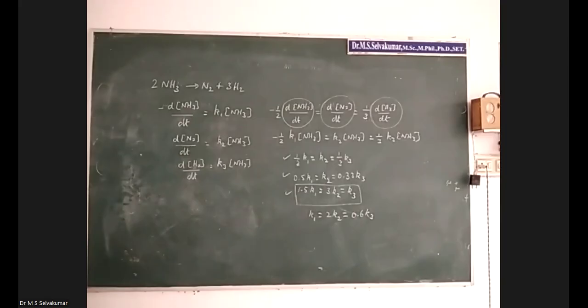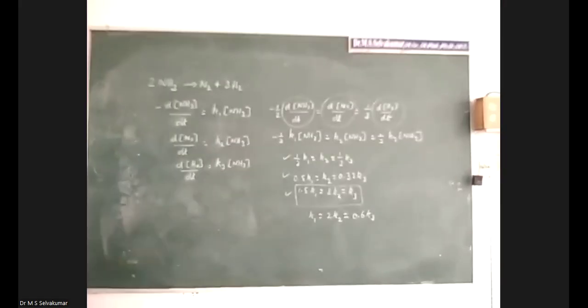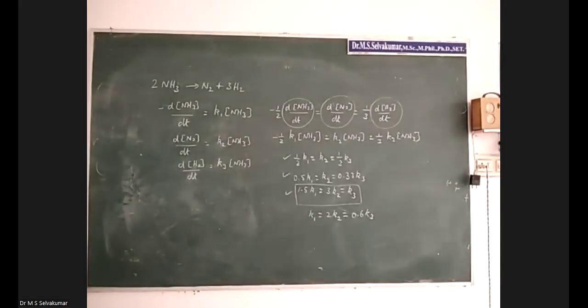Answer can be in any form. Question may be asked in any form. What is the relation between K1 and K2? Or what will happen to K1 when K2 is 2 K2? Like that. Answer can be of any form.